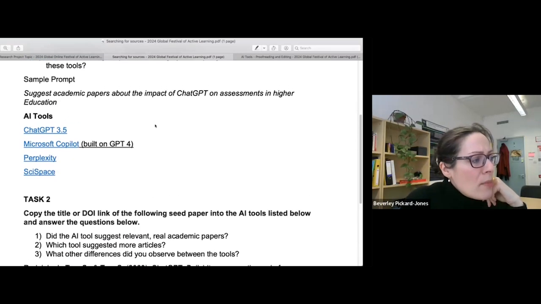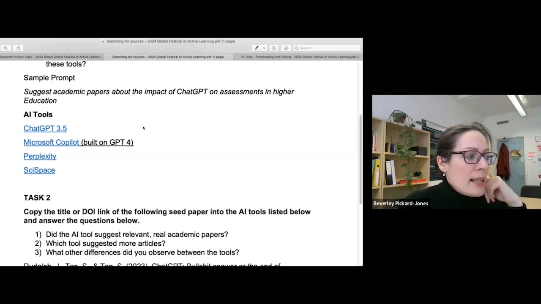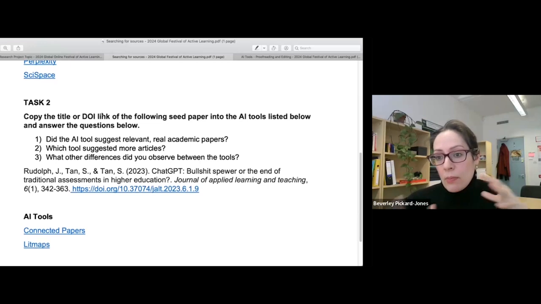I can't remember what we said about Copilot. On task 2, we looked at Connected Papers versus Litmaps. And just very, very briefly, Connected Papers seems to be a more useful tool because it returned more papers. Right, thank you. It does give more papers, doesn't it?